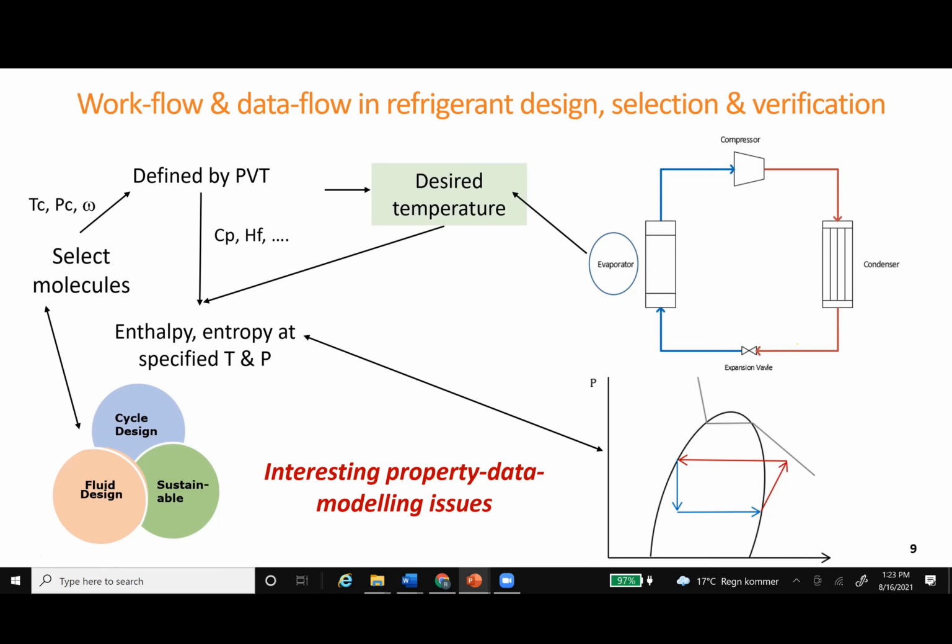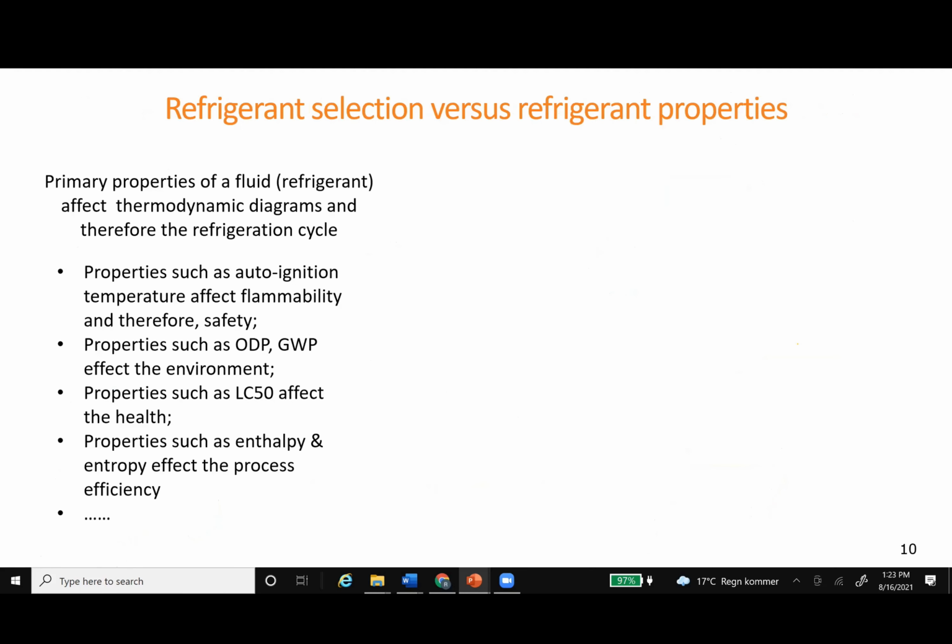So for refrigerant selection versus refrigerant properties, what we have seen up to now is that the refrigerant is defined by its primary properties, that is those properties that are based on the molecular structure, and every molecule has one property. Together with those, we need also the properties that can give us the enthalpy, entropy, etc. In addition to that, we need the safety-related properties: flammability, auto-ignition temperature, flash temperature, things like that.